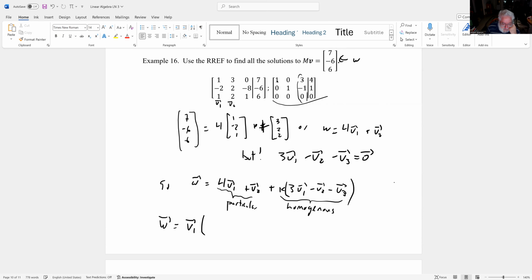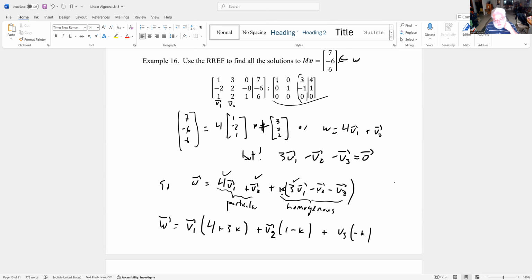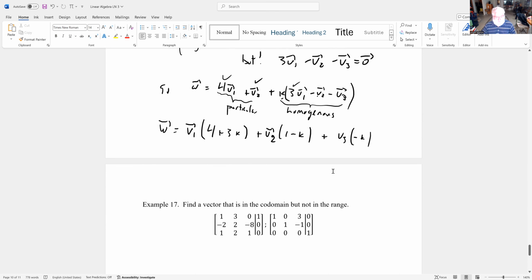V1, what's the coefficient? You've got a 4 there, and a 3k over here, plus V2, you've got a coefficient of 1 here and minus 1 times k there, plus V3, you've got a coefficient of just minus k. So any choice of k, any real number, will give you a solution. So you have infinitely many solutions.